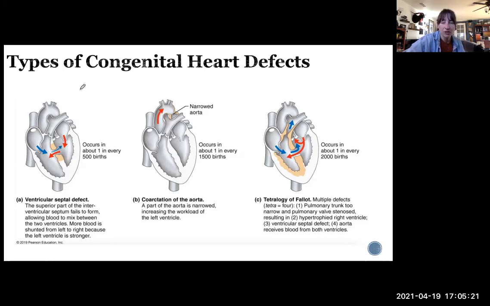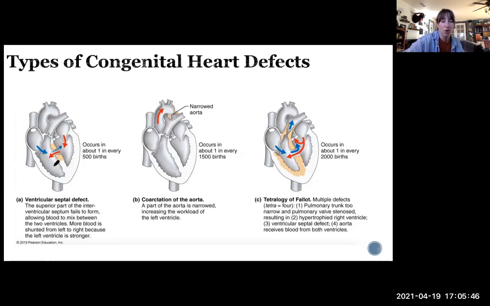You're probably going to be feeling tired and out of breath if you have this a lot, right? Because your body's not getting purely oxygenated blood every time your heart pumps. It's getting partially reoxygenated blood. So you've got blood mixing between the two ventricles, and more blood is shunted from left to right because the left ventricle is stronger.